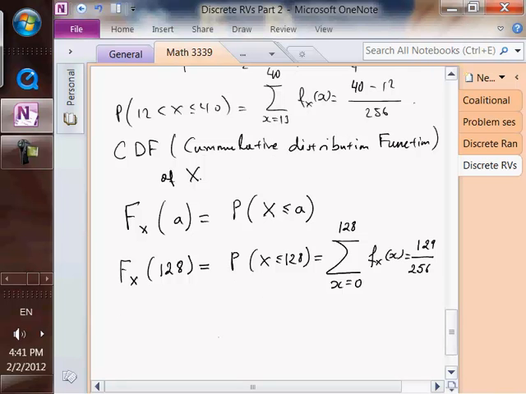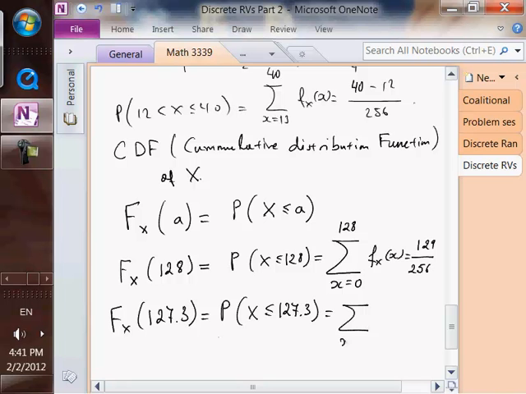All right? So what is the value of the distribution function at 127.3? What is the range? 0 to 127, okay? 127.3 is not a legitimate value of the random variable.